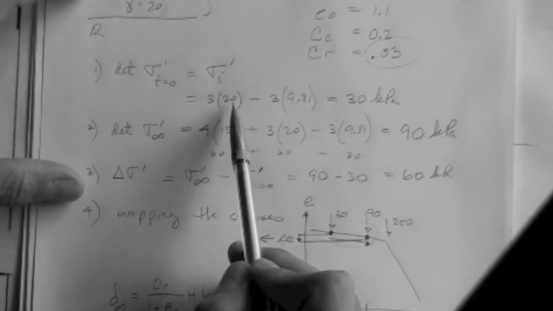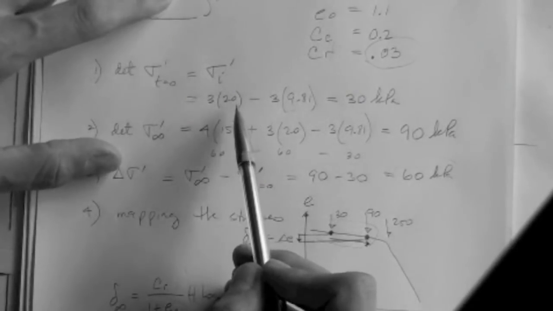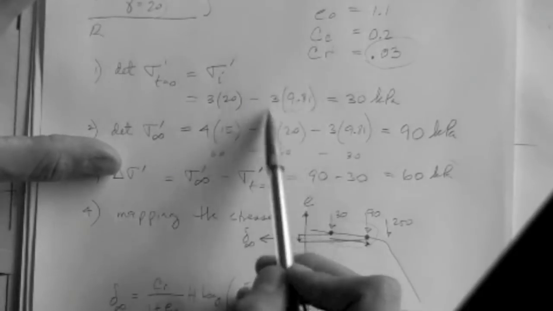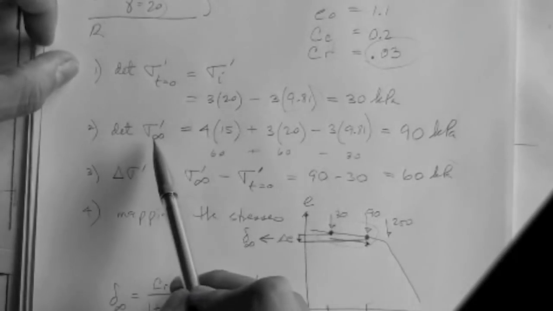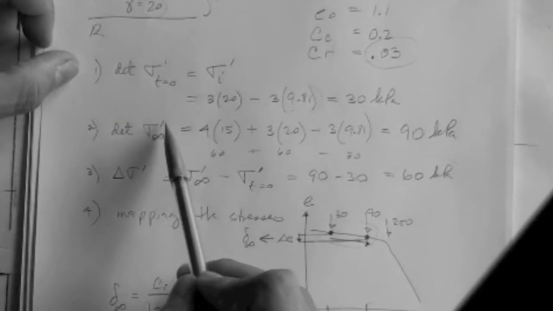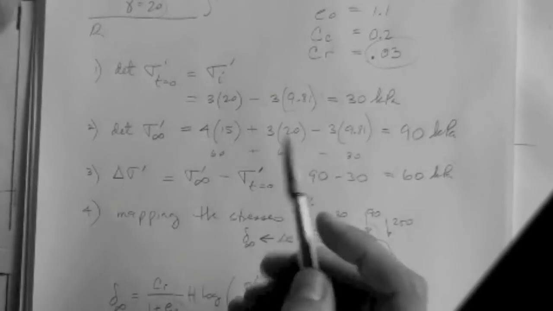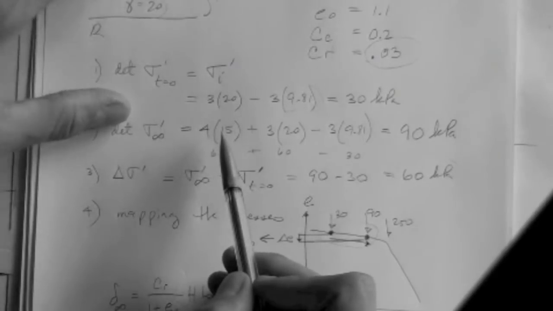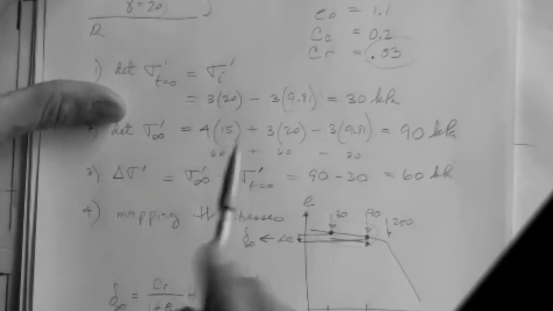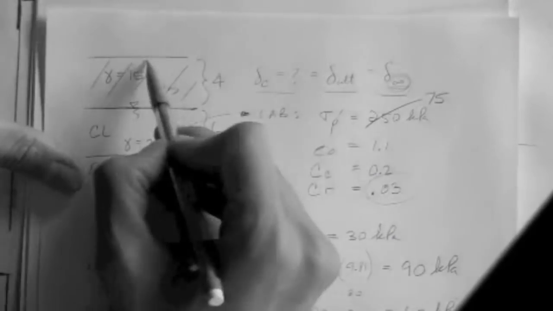3 meters of saturated clay minus 3 meters of water, which is U, that's 30. Okay, the final effective stress, that is the effective stress at time equal infinity after all processes have ended, including consolidation. It's 4 times 15, because now the ground surface is up here, right?